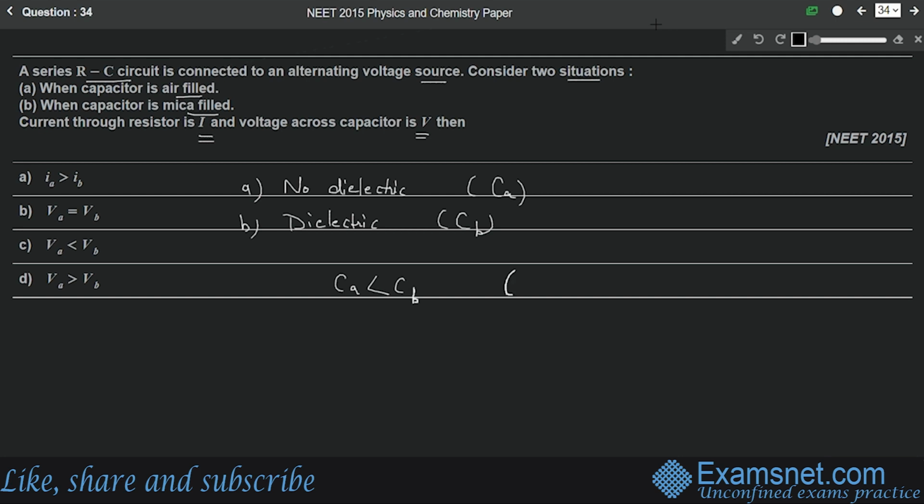Okay, so let's write it down here. When dielectric is introduced, then the capacitance increases.